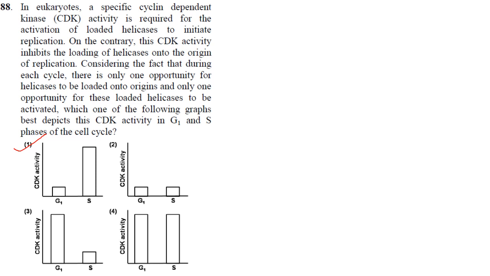Or I can say pre-replicative complex forms in the G1, and when it moves from G1 to S phase, CDK gets activated. So there is no CDK activity in G1 phase, whereas CDK activity is more in the S phase. So the answer here is option 1.